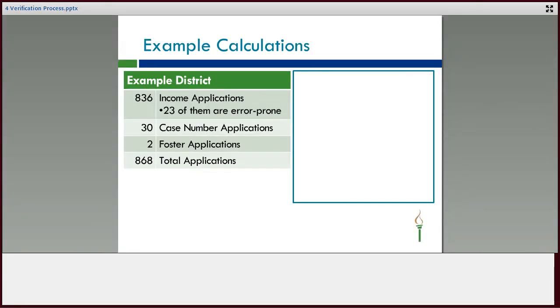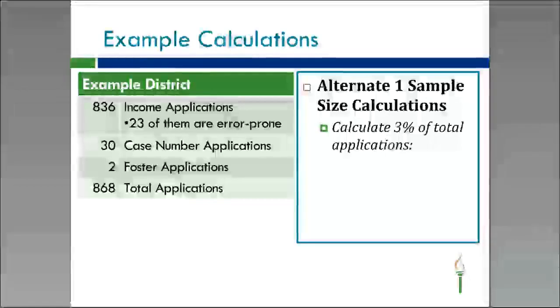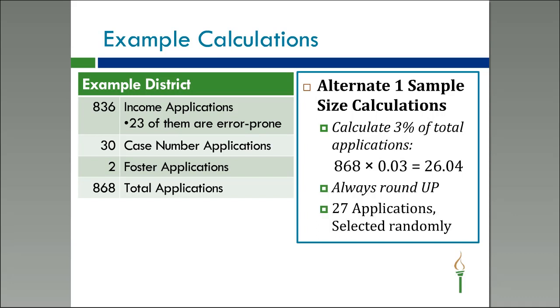So now we'll use the same district, but we'll calculate the alternate 1 sample size. It starts out the same as the standard sample size, where we're verifying 3% of applications. So we'll take the 868 total applications multiplied by 0.03, gives us 26.04.